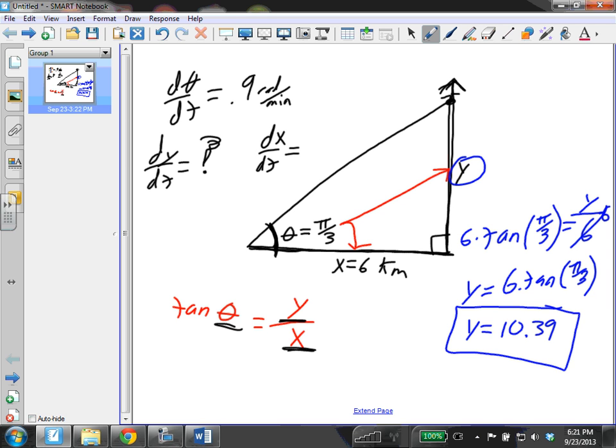As time elapses, how far is the distance from the telescope to the launch pad going to change? The answer is, it's not going to change. The rocket took off from right here, is going directly up, and the telescope is still right here. So there is no change in this distance x. X is going to be constant, so the change in x with respect to time is equal to 0.